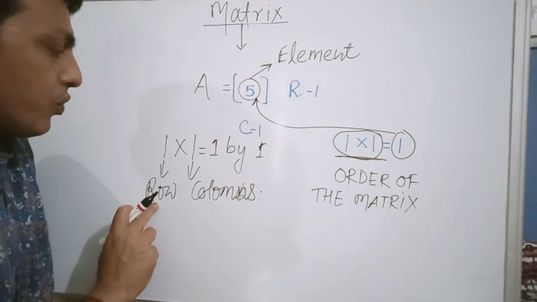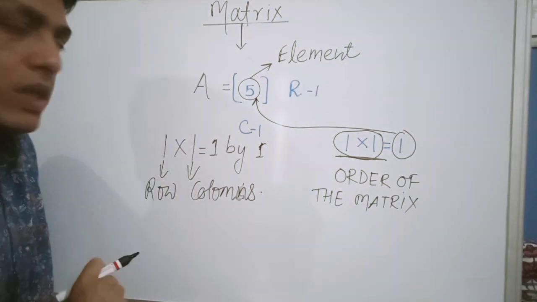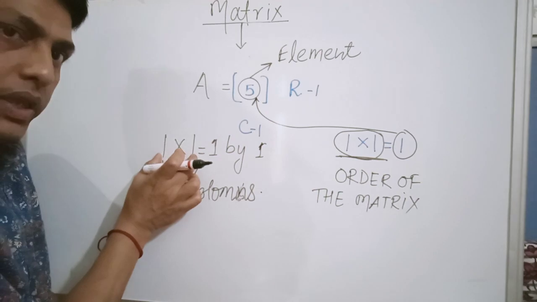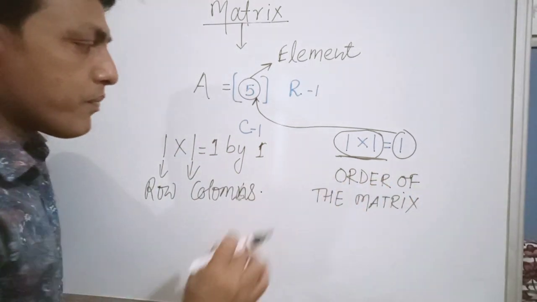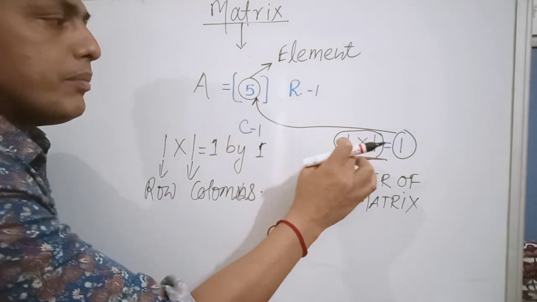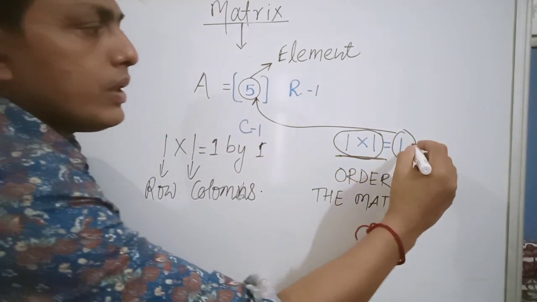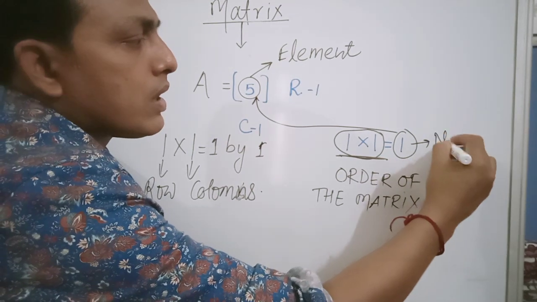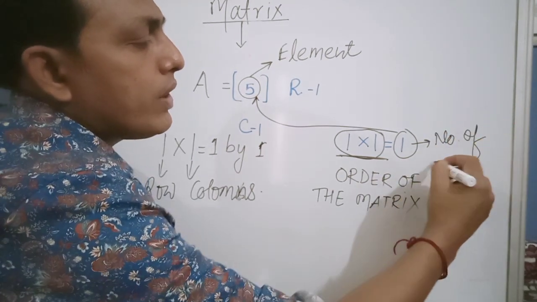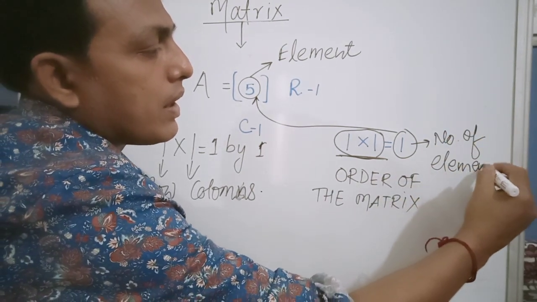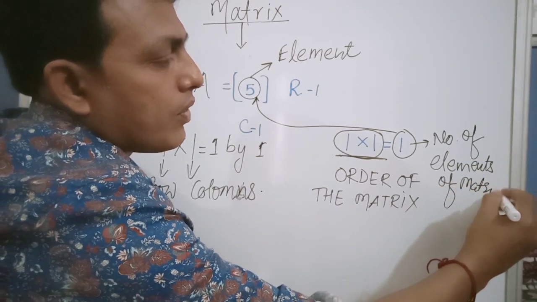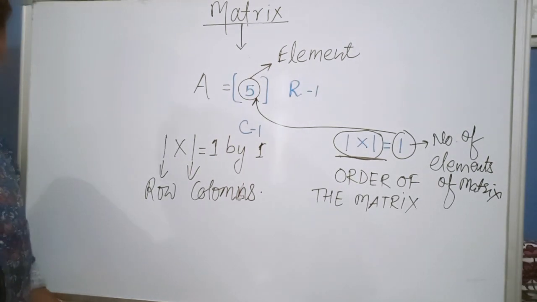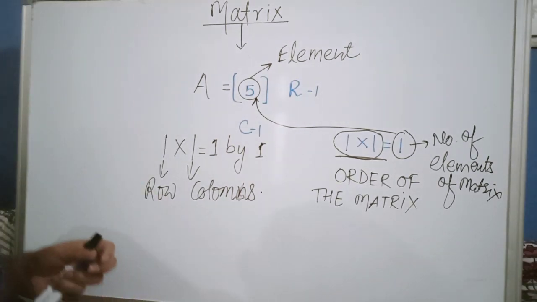So the number of rows by number of columns together is called the order of the matrix, and when you multiply them, this represents the number of elements of the matrix. Correct? Another example.